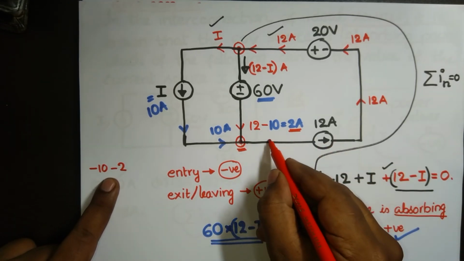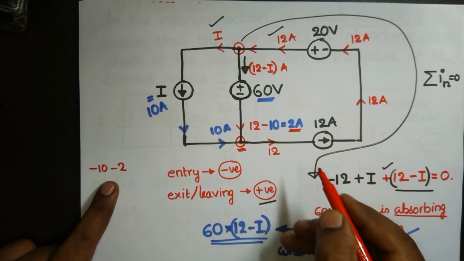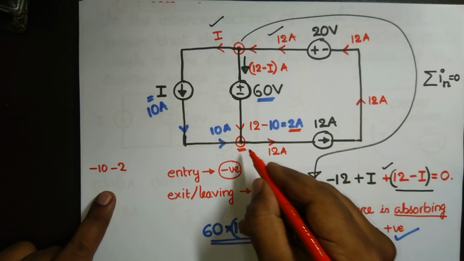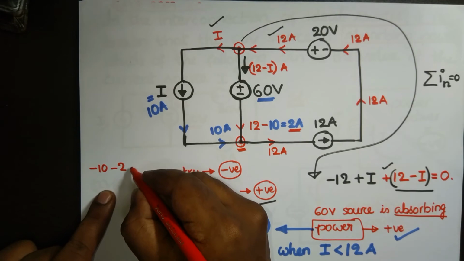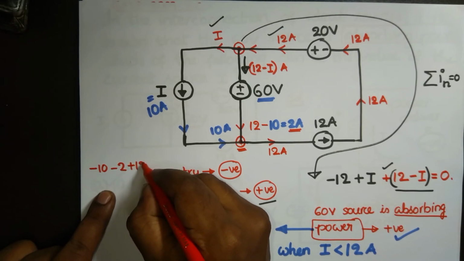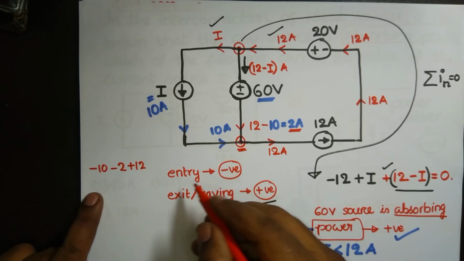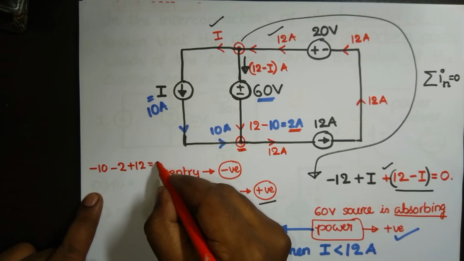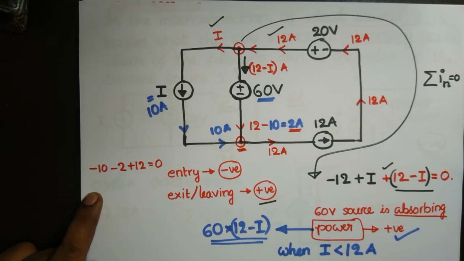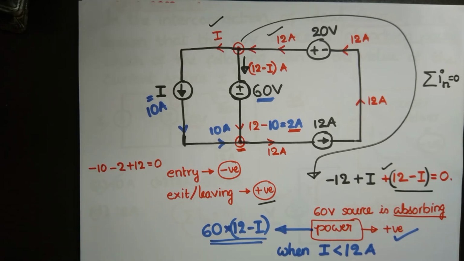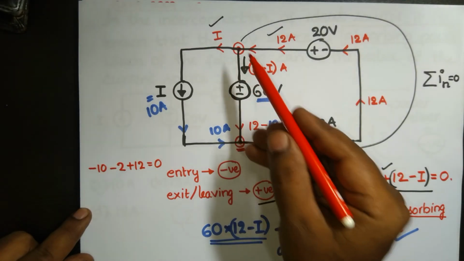This source current becomes the branch current, so positive 12 amperes here, as this current is leaving. So at this node, the algebraic sum of currents must be 0, and of course it is 0. So it got satisfied everywhere, at this node and here as well.